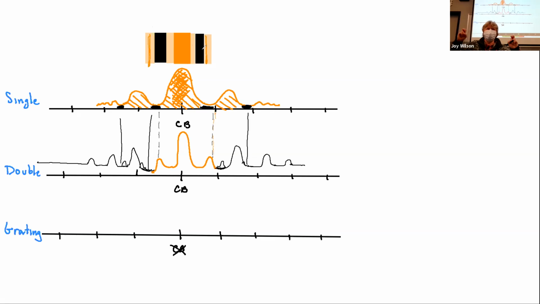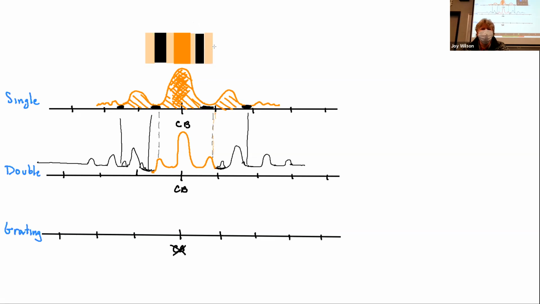That's your perfectly constructive. And the rest of it to the sides is dimmer. And then you get dimmer and dimmer as you move out. Kind of okay with that? I'll go back and show you some pictures of that in just a second.